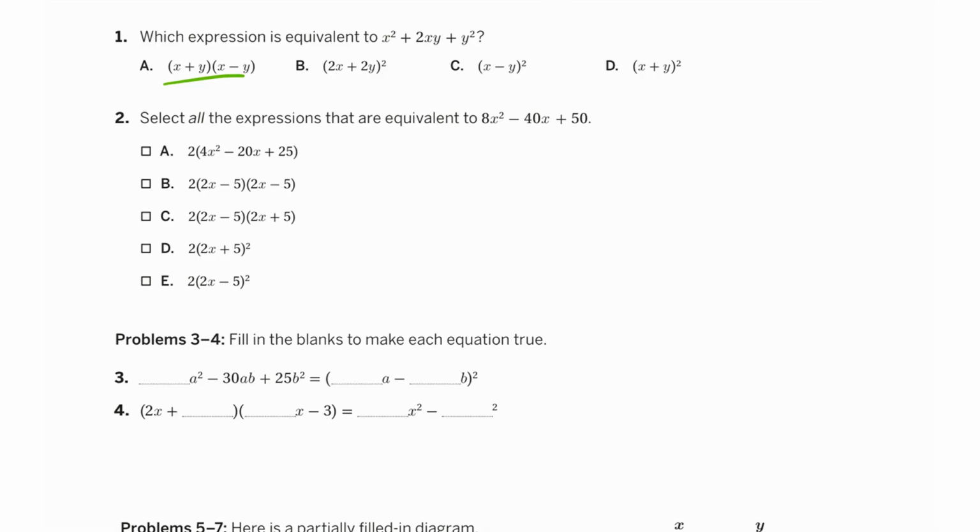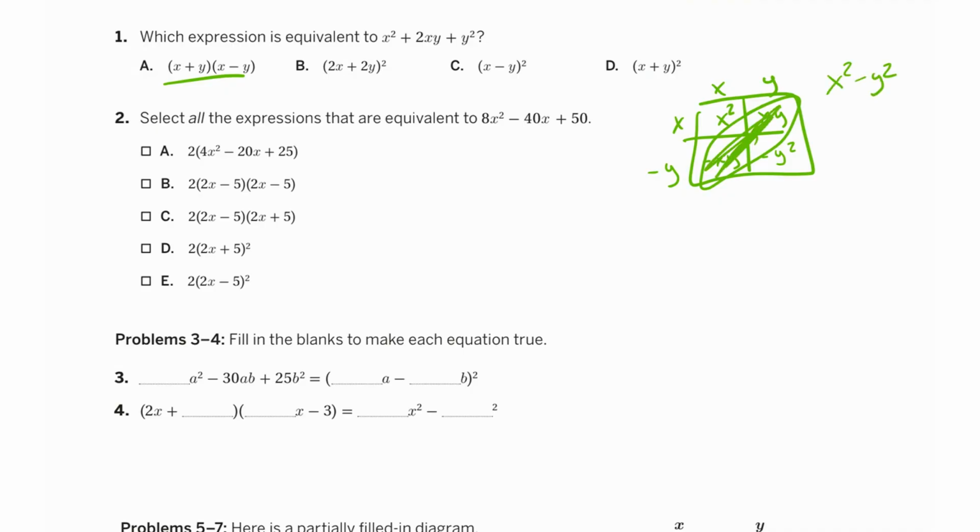I know personally that this first one is not going to work because it is what we call conjugates, where when we use the box to multiply, the middle two terms cancel out. xy plus a negative xy becomes just 0, giving me x squared minus y squared, which is not really what we're looking for here.